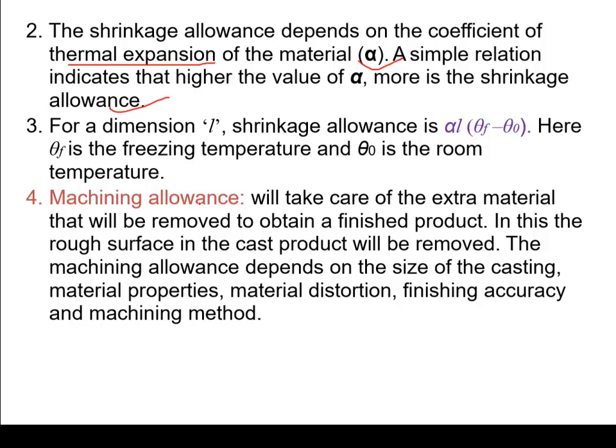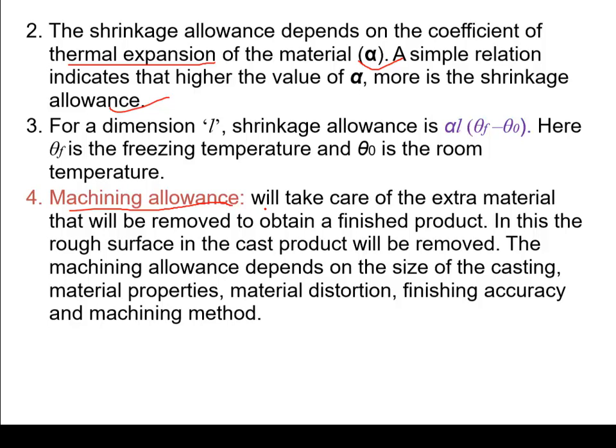And next is machining allowance. What is machining allowance? Many times the cast product has a very rough surface, and that rough surface is required to be machined, meaning a further operation will be there to clean the surfaces.